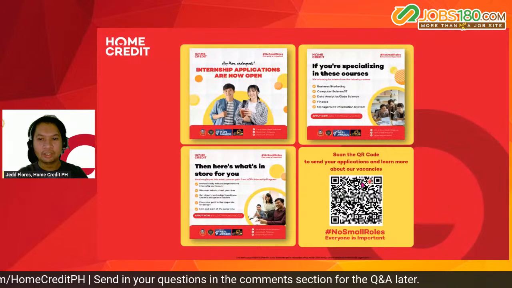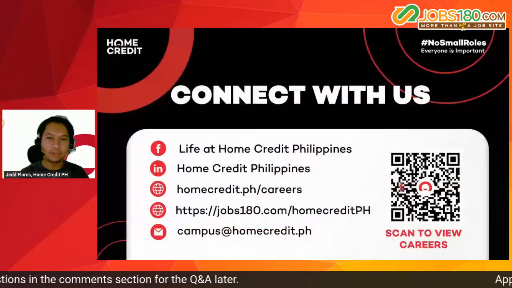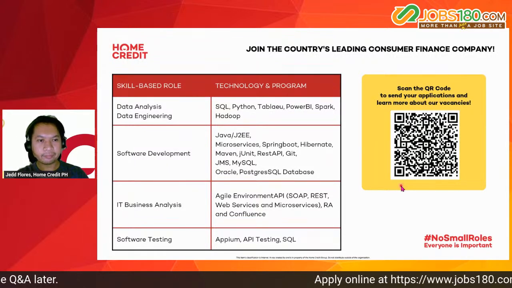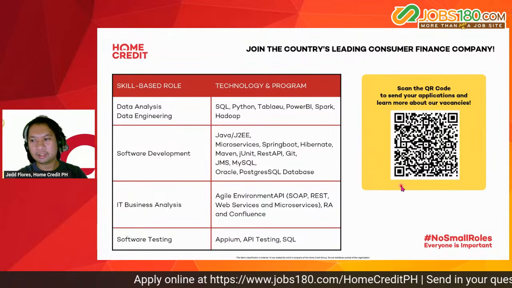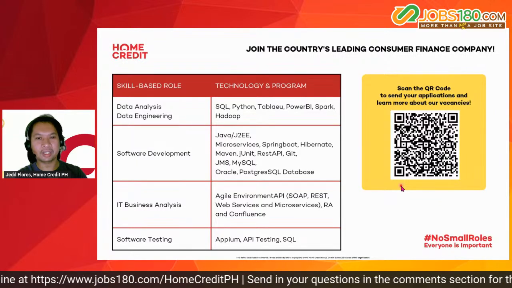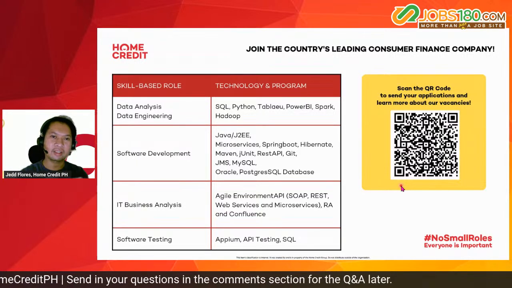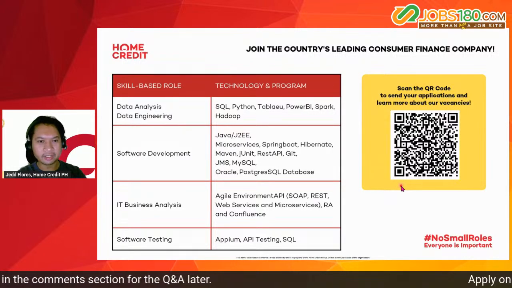So maybe take a screenshot or even visit the sites that we have. To be a bit more specific, there's a skill-based role. So I think this is very much relevant to our students of Mapua and TUP, and these are really technical inclined roles. For example, data analysis, data engineering, software development, IT business analysis, and software testing.